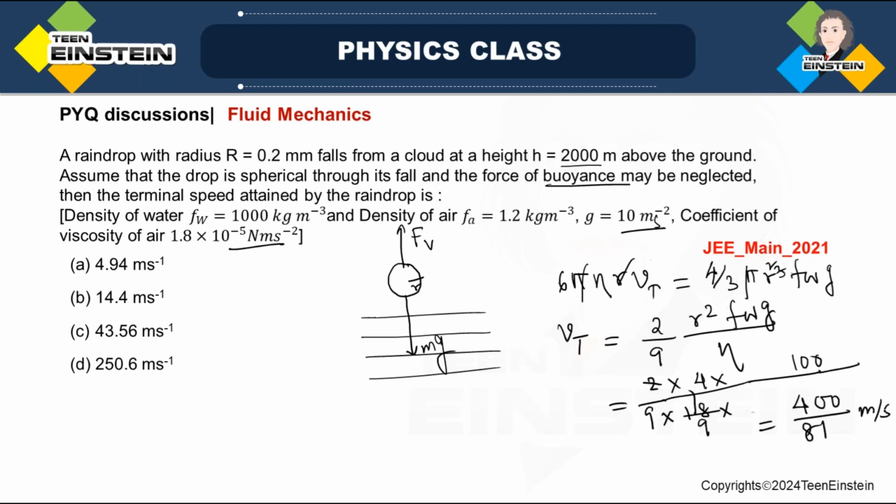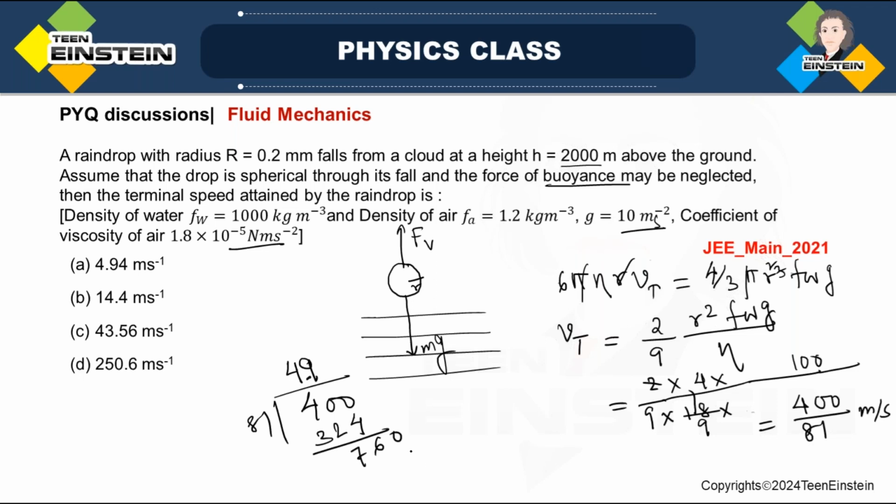Okay, so if you do the calculations, 400 by 81, it will go with 4, 6. Okay, so here it will be something like 9.